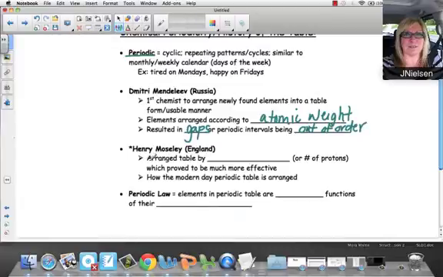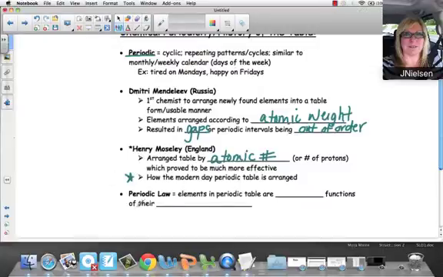Henry Moseley came along and arranged the table by atomic number, or number of protons, because that's basically what it is, which proved to be much more effective, and it's also how the modern day periodic table is arranged.